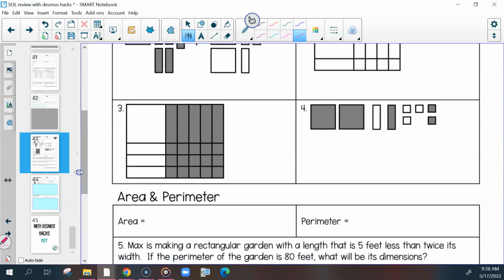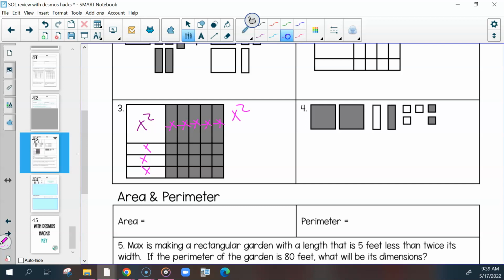So for number 3, I would say go biggest to smallest. So what would this be? Positive x squared. And then we have positive and negative x's. So 3 sets of those are going to cancel each other out.